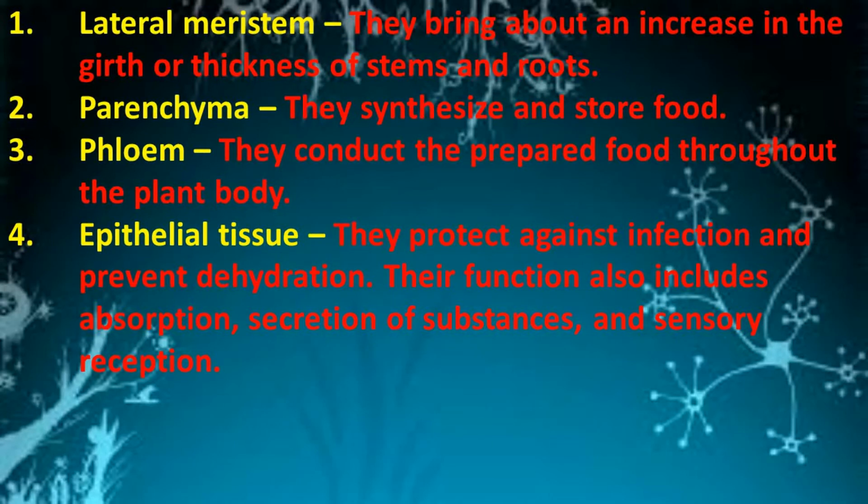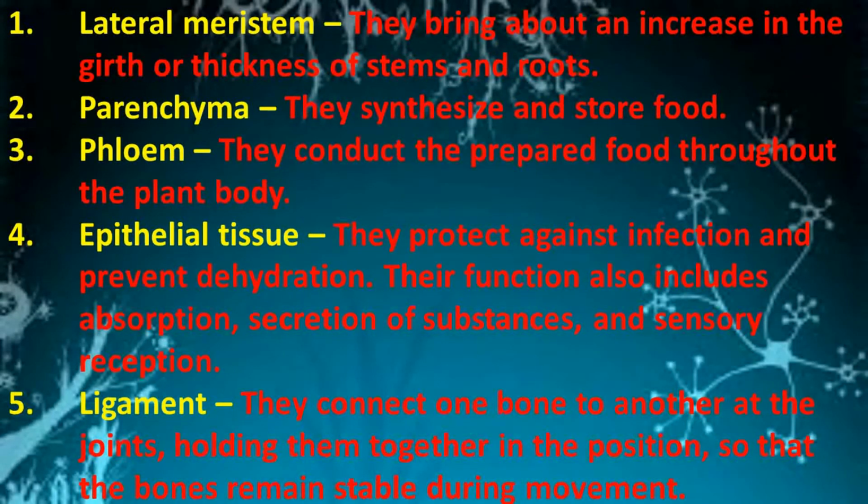Their function also includes absorption, secretion of substances, and sensory reception. Ligament. They connect one bone to another at the joints, holding them together in position so that the bones remain stable during movement.